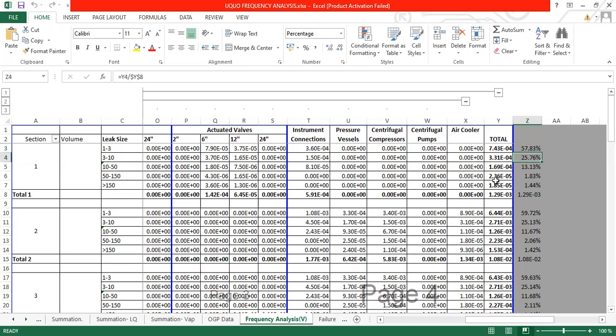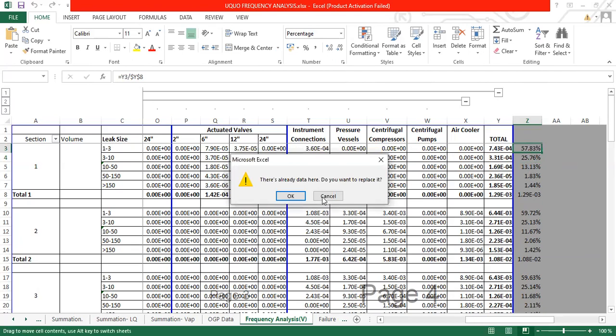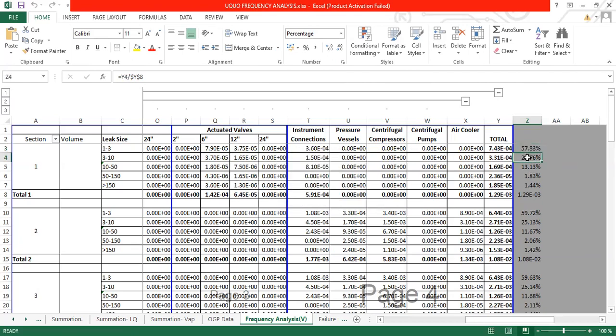Then the next one is the 3 to 10. So you see that by the time you add these two, it's going to give you about 80-something percent, 83.59% of your leaks are going to be small leaks.